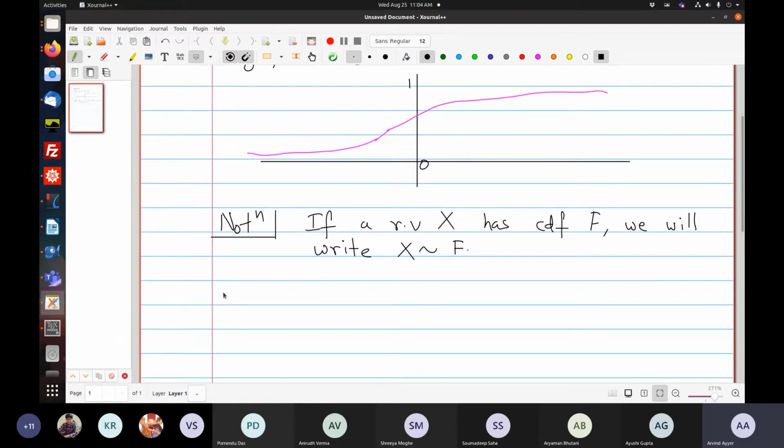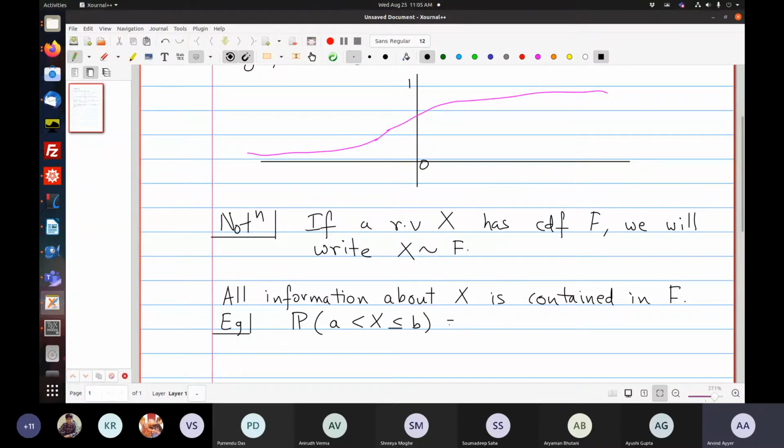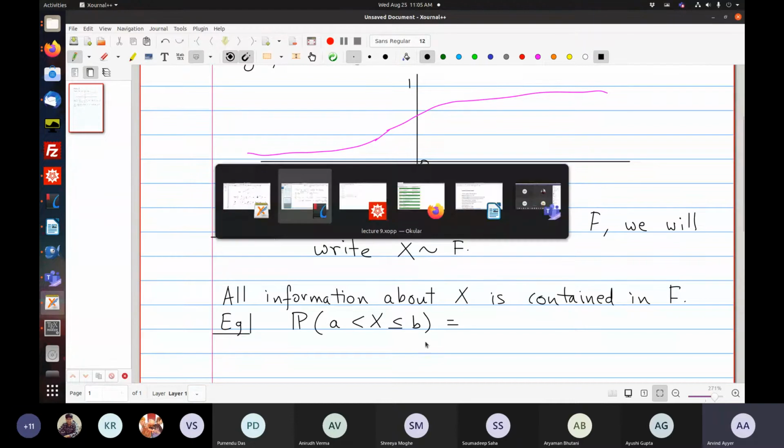The important fact is that all information about X is contained in it. So everything you want to know about the random variable can be determined by F. Okay, so for example, can someone tell me what is the probability that a is less than X is less than or equal to b? Remember?